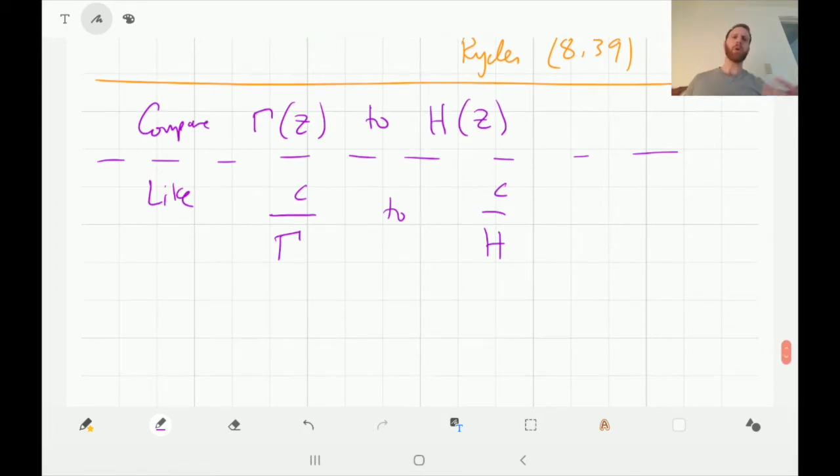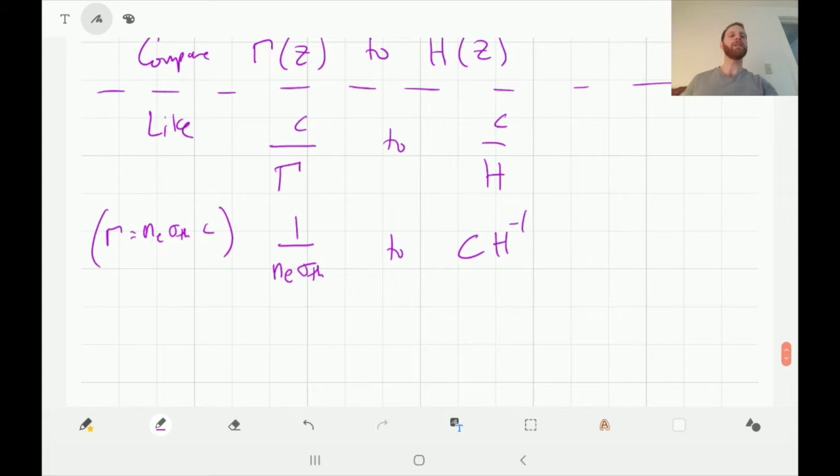If you recall, what went into the calculation of gamma, remember that gamma was given by the number density of electrons times the Thomson cross-section times c. So what I'm really doing here is comparing 1 over the number density of electrons and Thomson cross-section to c times H inverse.